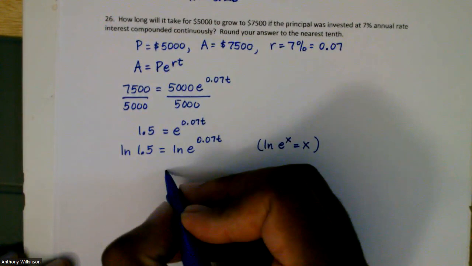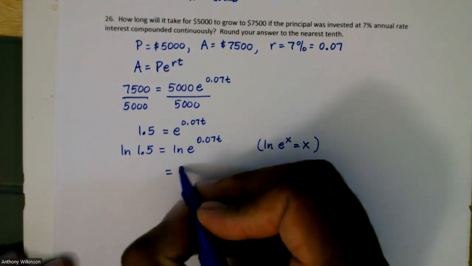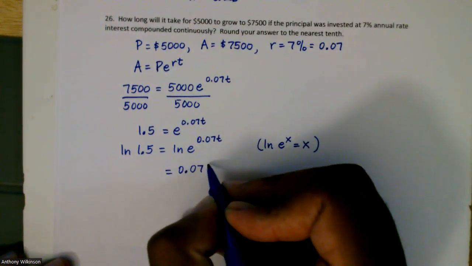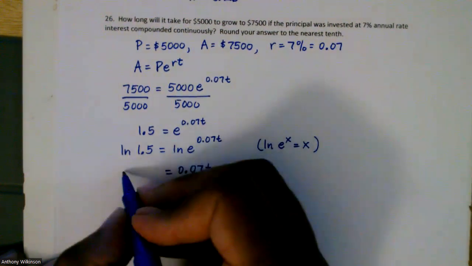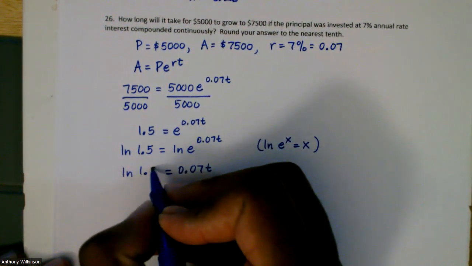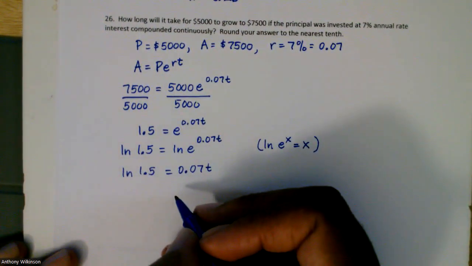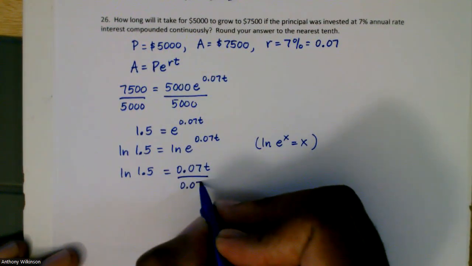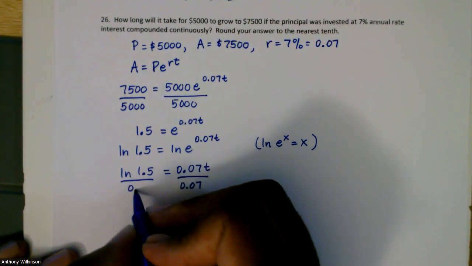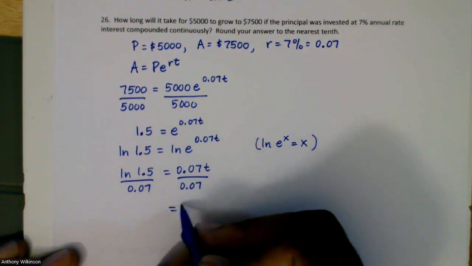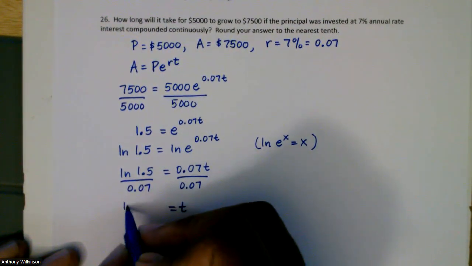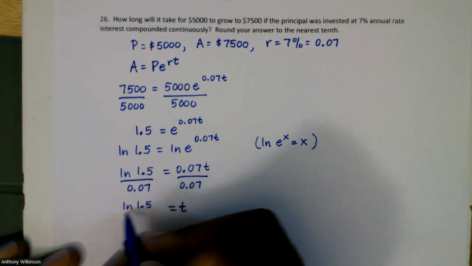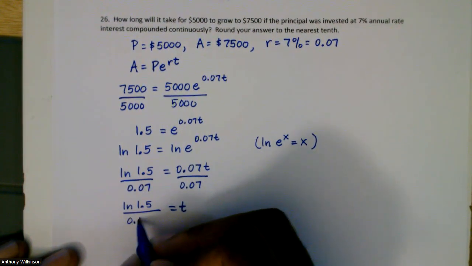So in this case here, Ln of E to the 0.07T will be 0.07T. That will be equal to Ln of 1.5. And then to solve for T, I need to divide both sides by 0.07. So that means T would be Ln of 1.5 divided by 0.07.